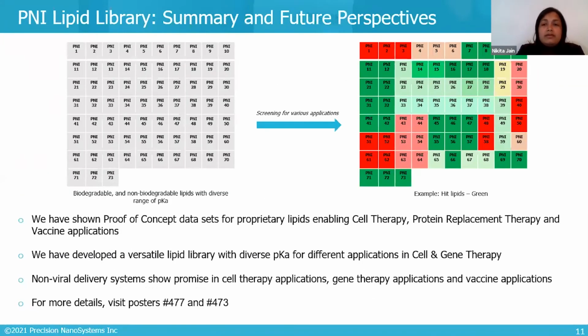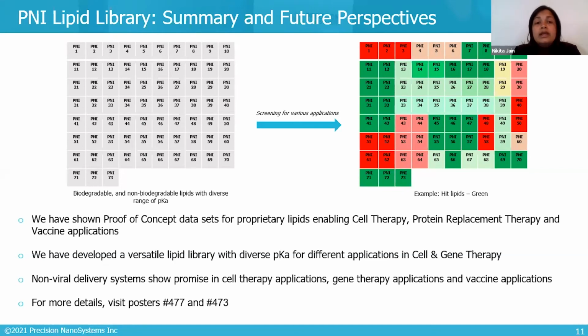To sum up, we have shown you the proof of concept data where we have used lipid nanoparticles formulated using PNI proprietary lipids in the field of cell therapy, protein replacement therapy, and vaccine applications. We do have a big library of lipids with a diversity of pKa.